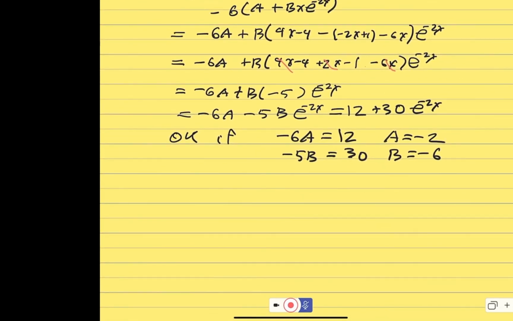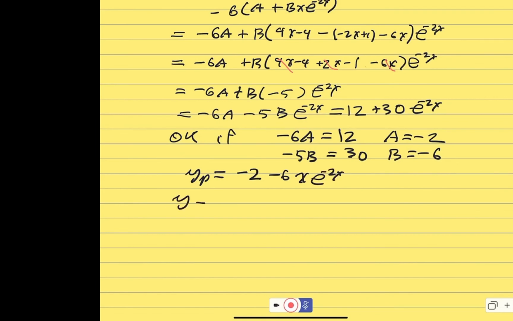So I now have my particular solution, which is minus 2 minus 6x e to the minus 2x.